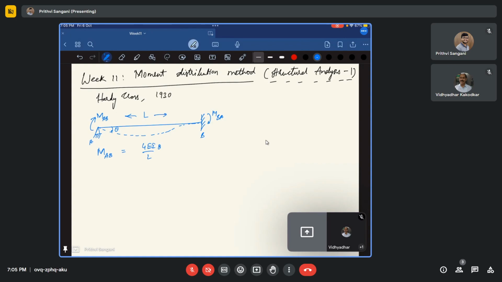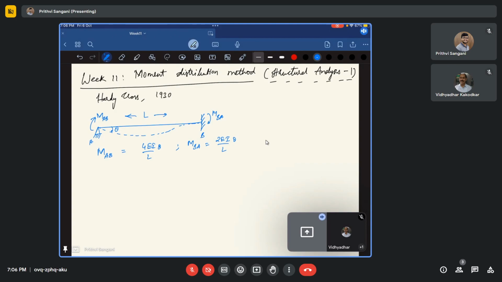Similarly, we also derived MBA. MBA is nothing but, again, a clockwise moment, which is 2EI by L times theta.